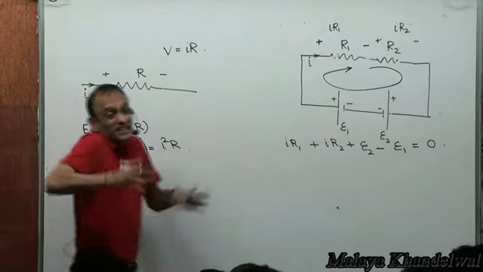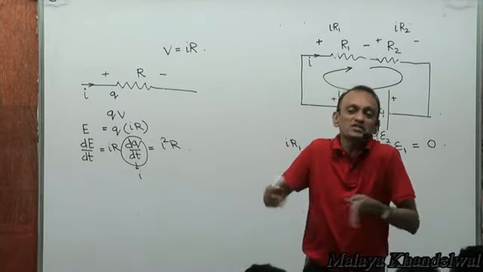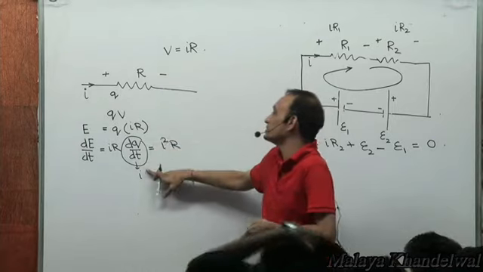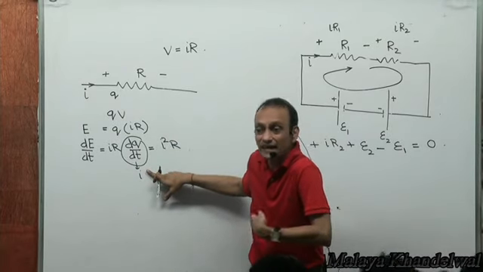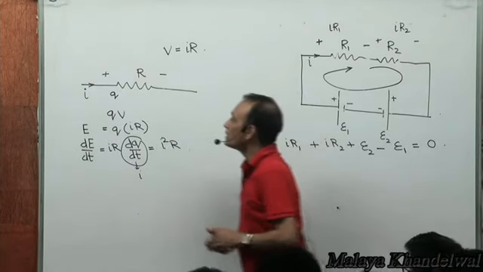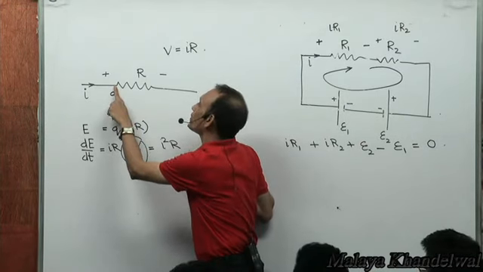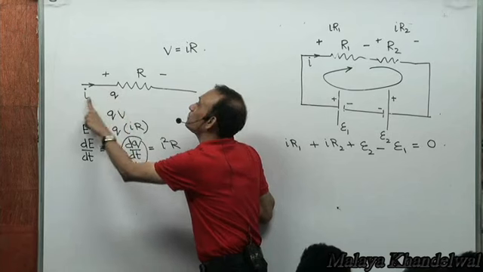That's the rate at which it loses energy when it passes through a resistance R with a current I associated with it. Do you understand this? Imagine a charge Q going from the positive terminal to the negative terminal, part of this current.